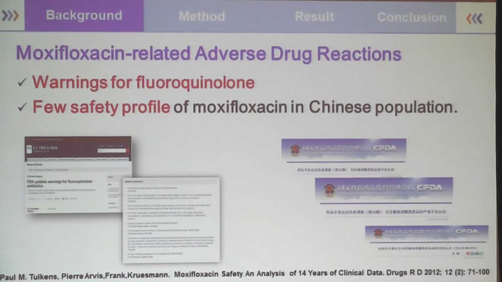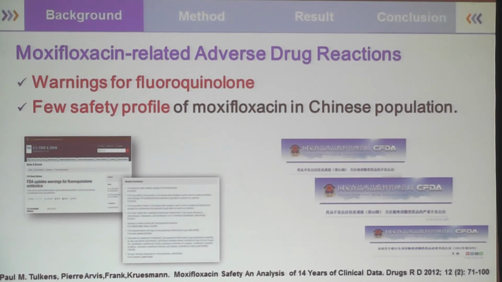Let's move to the part 2. As we all know, fluoroquinolone has been warned by FDA and CFDA many times because it can cause many severe ADR, such as liver impairment and anaphylactic shock. Moxifloxacin is a fluoroquinolone antibiotic, but there is little safety profile of it in Chinese population.